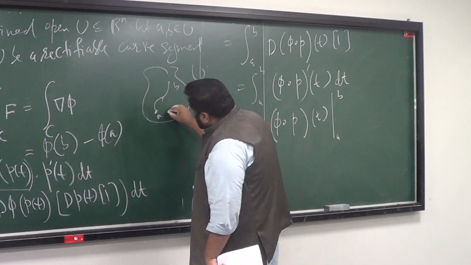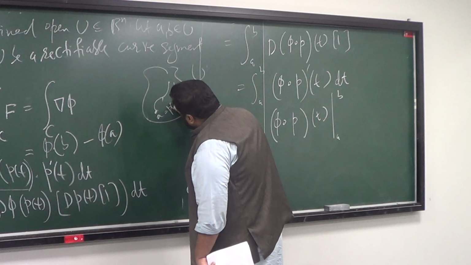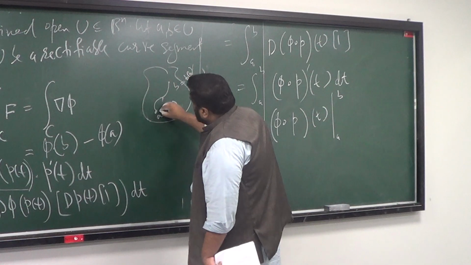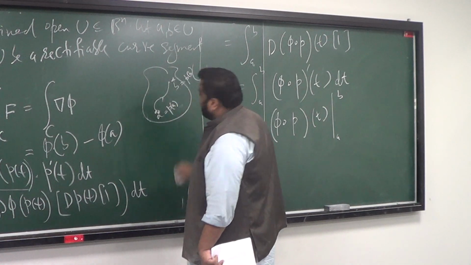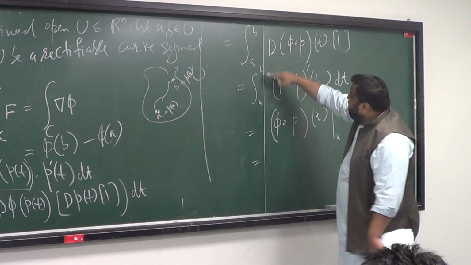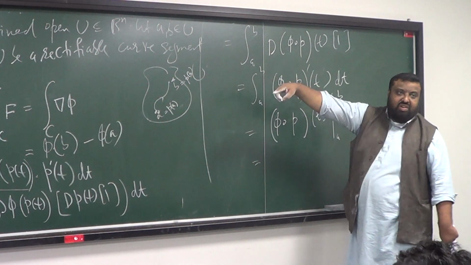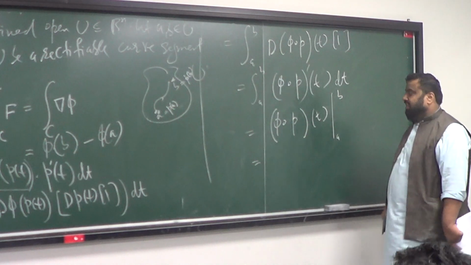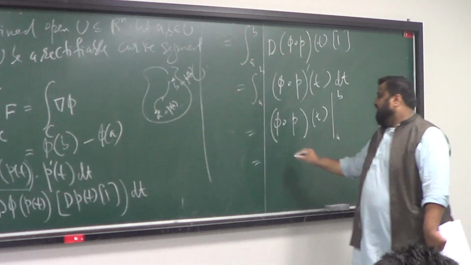I must say, this A is the P of the small a, and this B is the P of the small b, so it's better to call them stars. And this A to B is the interval where the path is defined. You have to be careful. So what will this be?